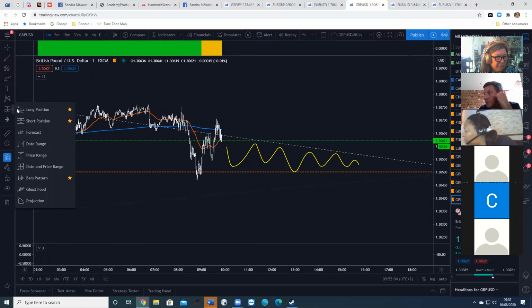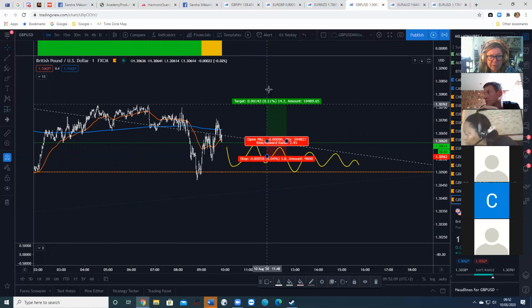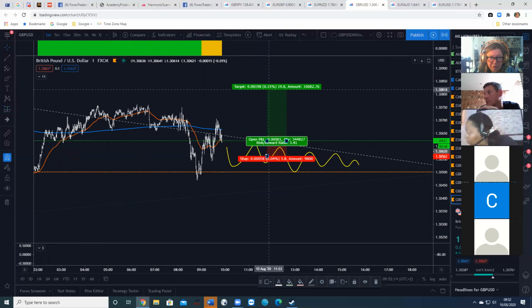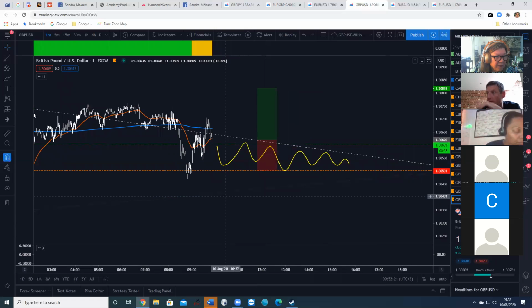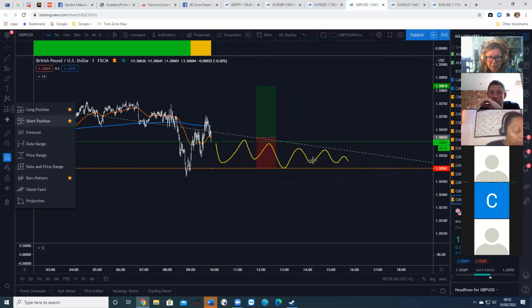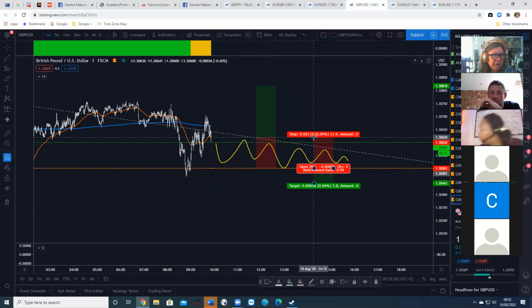I don't know on this one, because I'm confused about the other pairs at the moment. You need slightly bigger than a 10 pip stop loss, technically speaking. Put a short position on it. If you're in a short position, then it needs to come down to quarter theory.